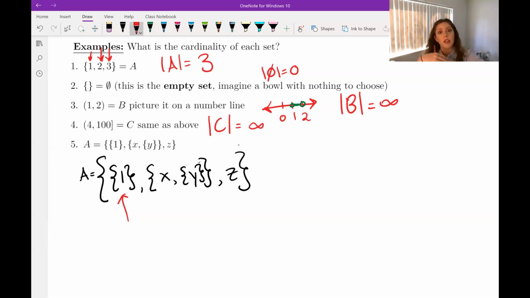Just because you have the set containing 1 as an element of A doesn't mean that 1 is an element of A. In fact, 1 is not an element of A here. So as a cheat around this, look at the number of parentheses. I know I'm going to have 1 element between each parenthesis. So actually, just as before, the cardinality of A is 3.